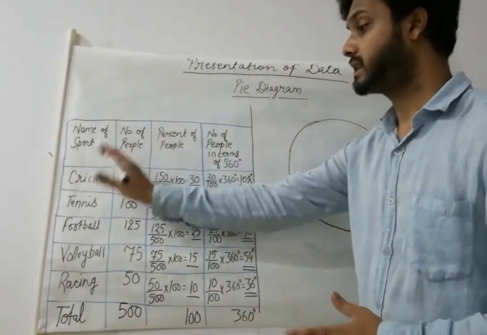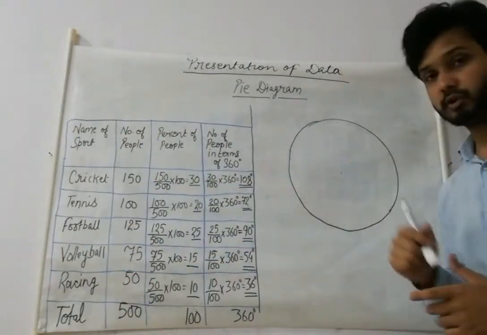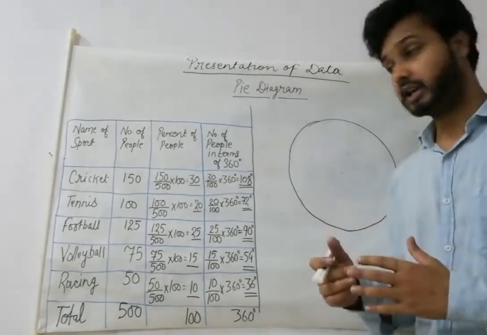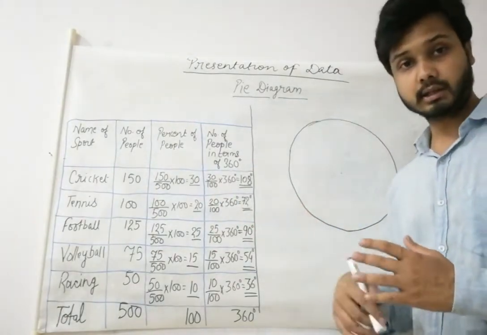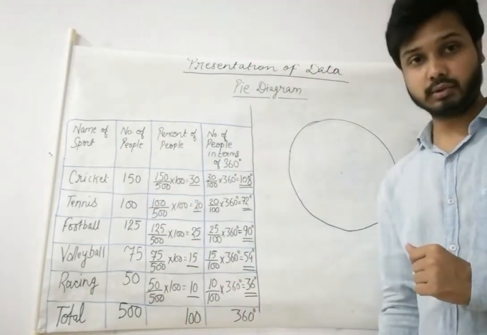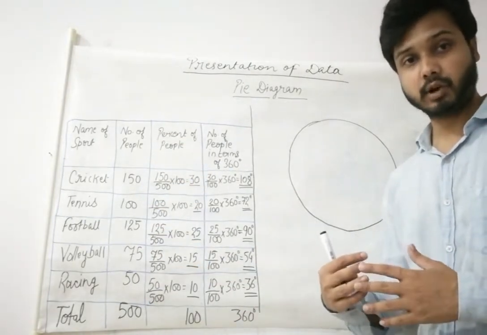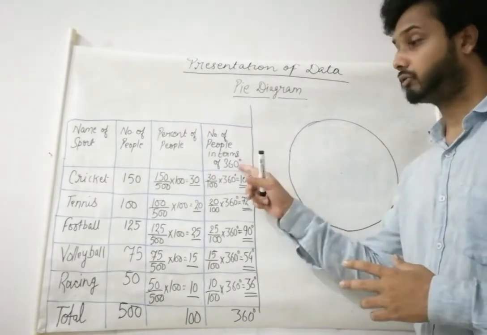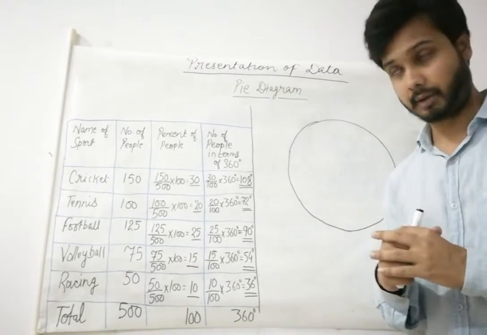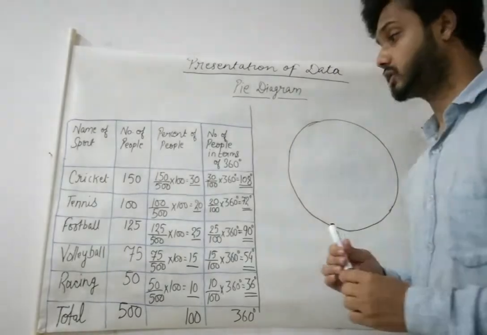Now we have to represent this information in the form of a pie diagram. A pie diagram is a circular diagram where we represent the given information in the form of degrees. So this information, we will first have to convert into degrees. Then only can we represent it in our diagram. So how to convert this, students?